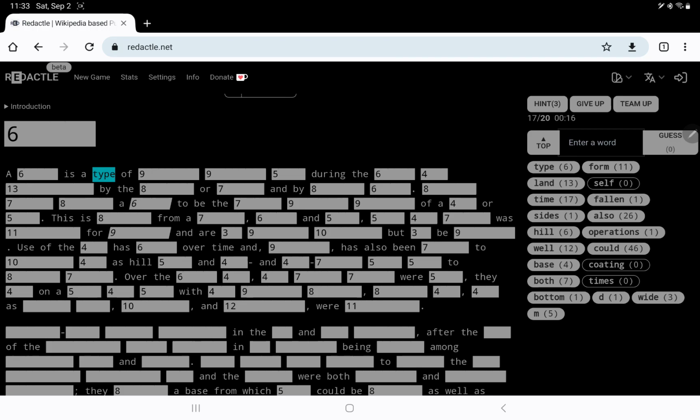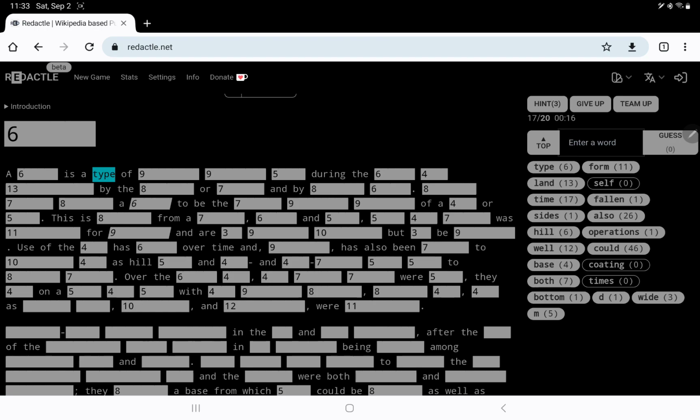995 during the 6-4. We have this over the 6-4. We saw that somewhere else as well, I think. I think that's probably a very common phrase for a time period, and I'm just not getting it.